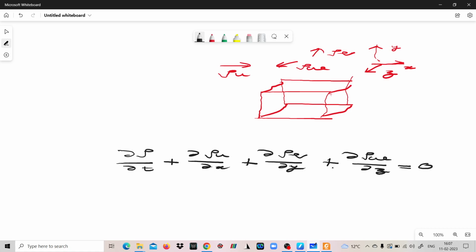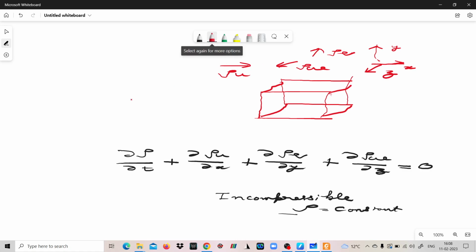Now most of the flows that you encounter from the civil engineering point of view are incompressible flow, because we are mainly concerned with the flow of water. So for incompressible flow, density is a constant. If we consider that rho is constant, then this first term becomes 0, and rho being constant will come out of the differentiation.